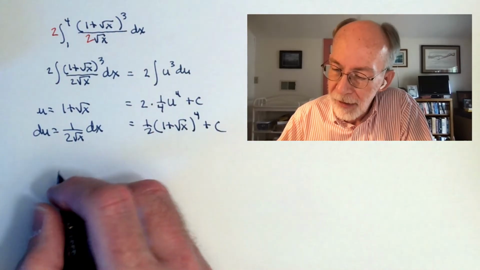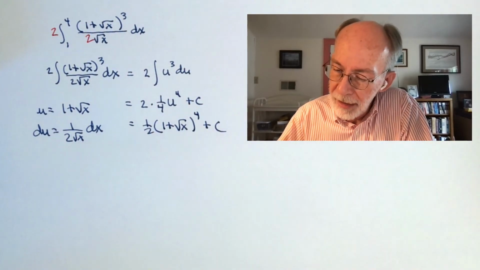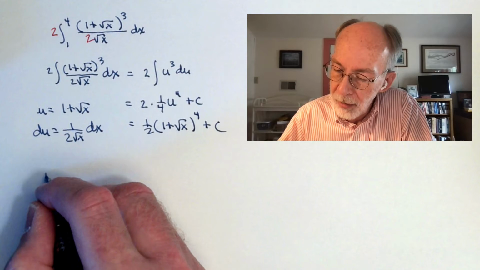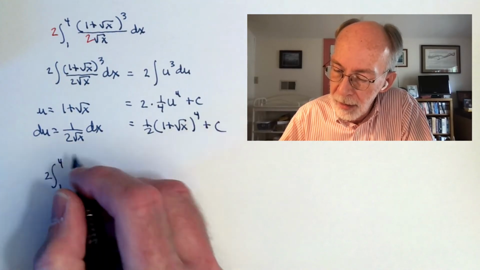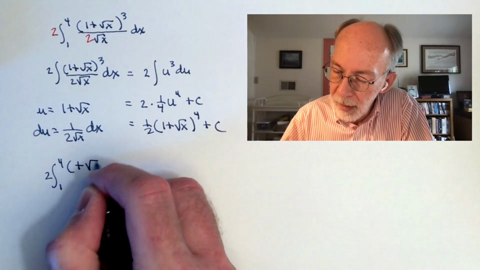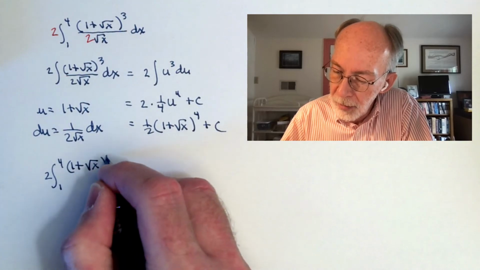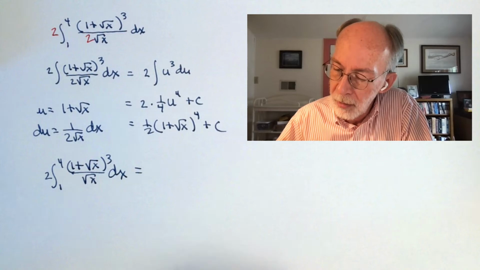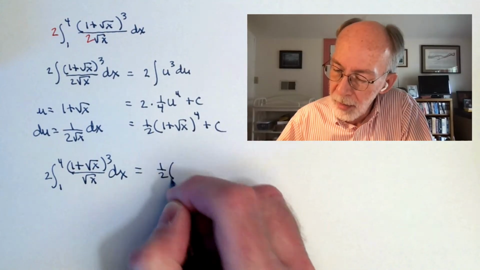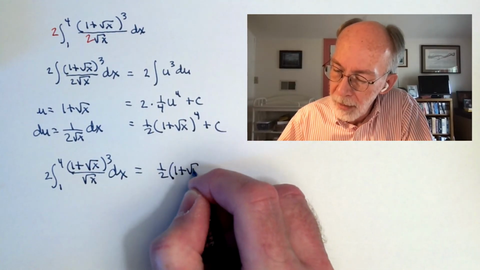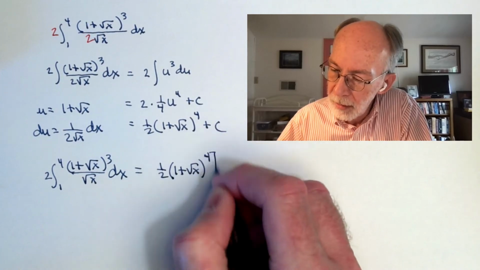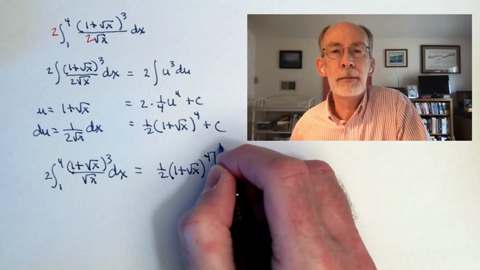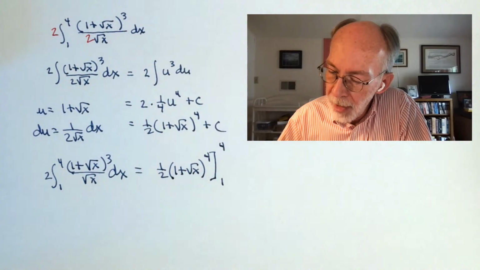Now, let's go back to the definite integral. We know that 2 integral from 1 to 4, (1 plus root x) cubed over root x dx is equal to 1/2 quantity (1 plus root x) all to the 4th from 1 to 4. And what is that?